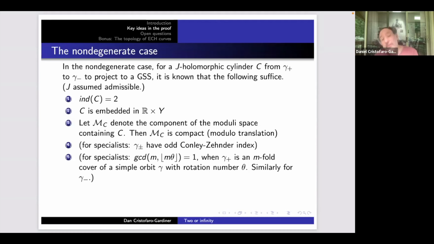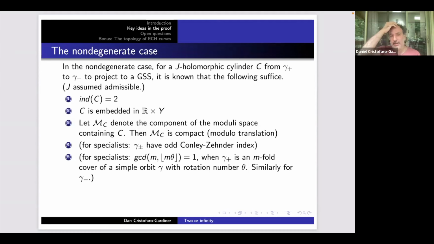These ideas go back to HWZ and were further developed by many people, Wendl and lots of others. In this current form, I think this particular proposition is due to earlier work of myself and Michael and Dan Pomerleano. But at any rate, this is a known thing, but it's a beautiful idea.